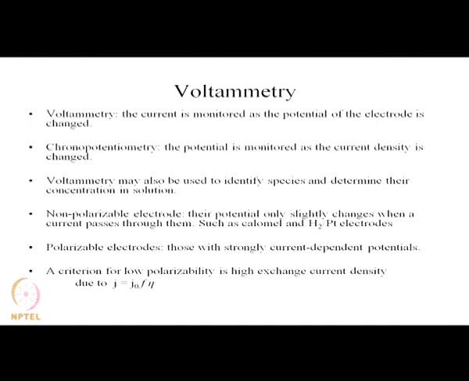Voltammetry may be used to identify the species present in the solution. It is an electrochemical means of identifying chemical species present in the solution. And since the most important aspect in chemistry is the determination of concentration, using voltammetry you can also find out concentration.